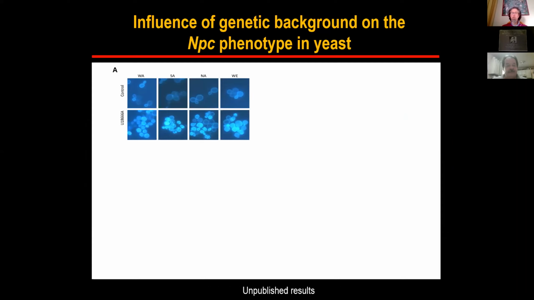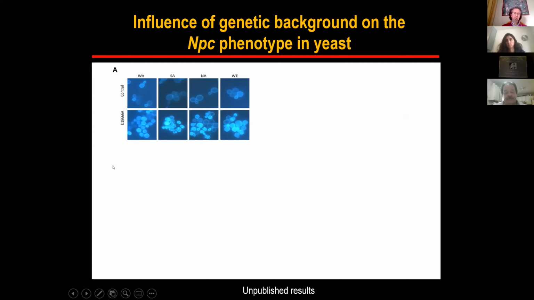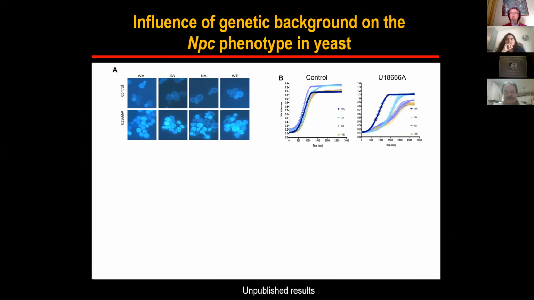And we've been inducing the disease with a drug, which is an inhibitor of the NPC1 transporter. And here in blue, you can see cholesterol accumulation triggered by the drug. We've been following several phenotypes.